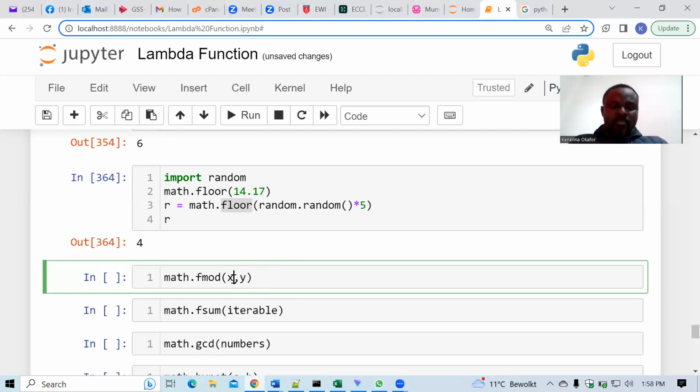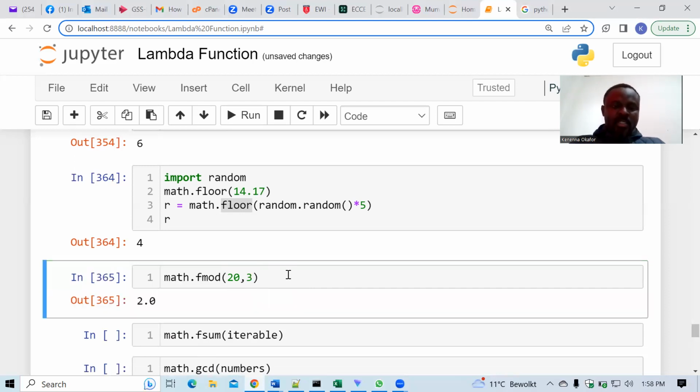So guys, let's see, if I have 20 and that is divided by 3, what will be the remainder? Okay, so your guess is as good as mine. 2, right? You say 2. Let's see if that's the case. So you are correct if you went for 2, 2.0. That will be the modulus resulting from dividing 20 by 3.